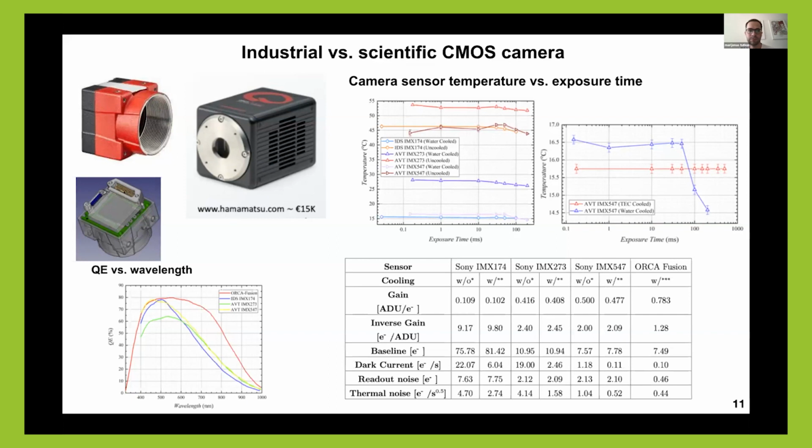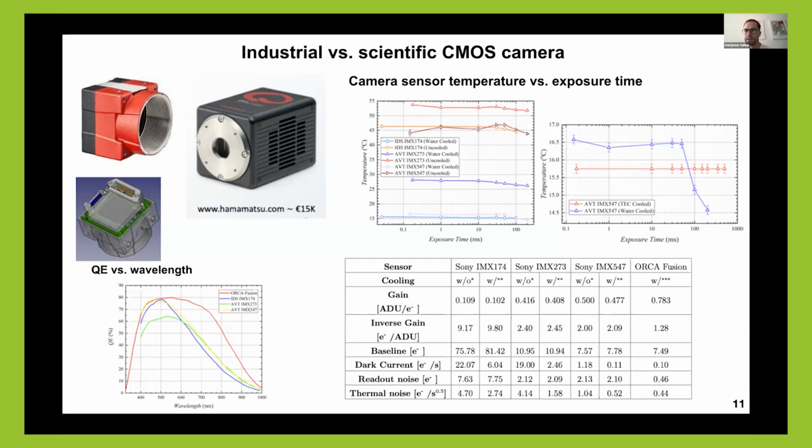And we decided to build our own cooling elements on these industrial CMOS cameras. So basically, we attach the TEC element and a water block on top of that to remove the heat from the TEC element, and we can set the operational temperature of the industrial CMOS camera stably at almost 15 degrees Celsius, irrespective of the exposure time.